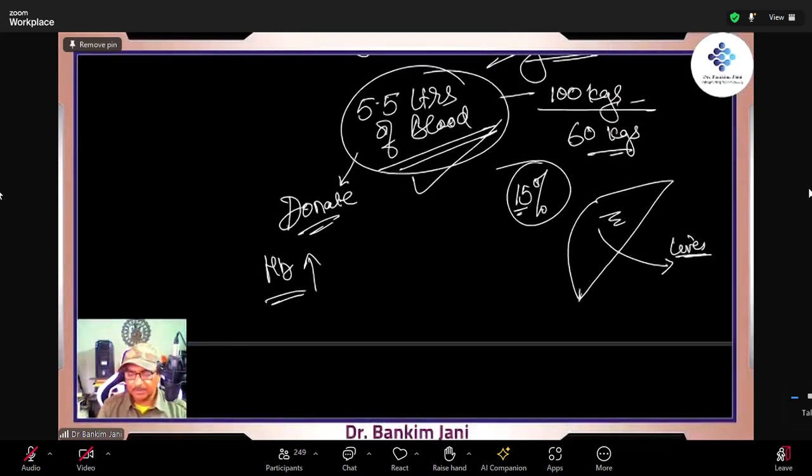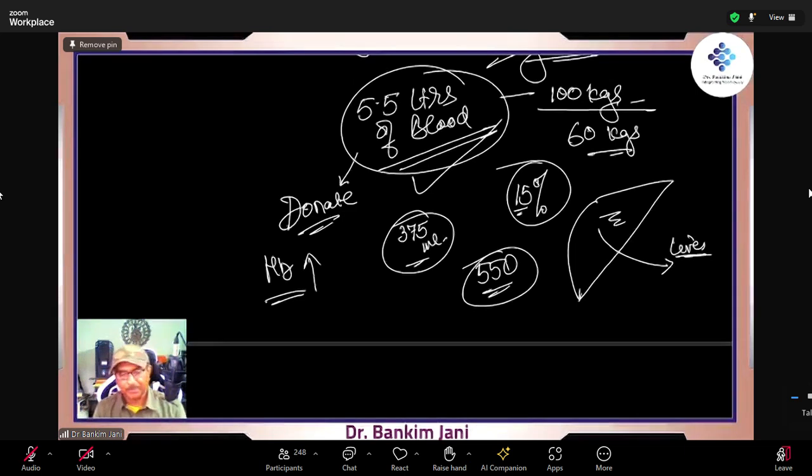But still, there won't be any trouble because the amount of blood which you donate is 375 ml. That's not even 10%. 10% is 550 ml. This is much less. You are donating about 5 to 6% of the blood.